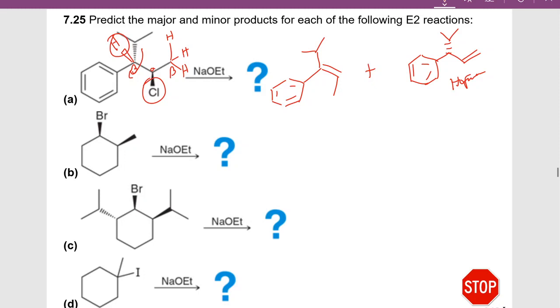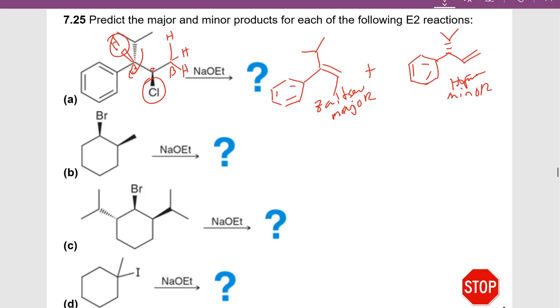Which is going to be major? Well, the Zaitsev product will probably be major because it is the more substituted product. Now, the Hofmann product is less substituted, but we do have three hydrogens there, so it's kind of hard to say which would be major and minor. We'd probably have to see that distribution, but without that, I'll say major on the left, minor on the right.